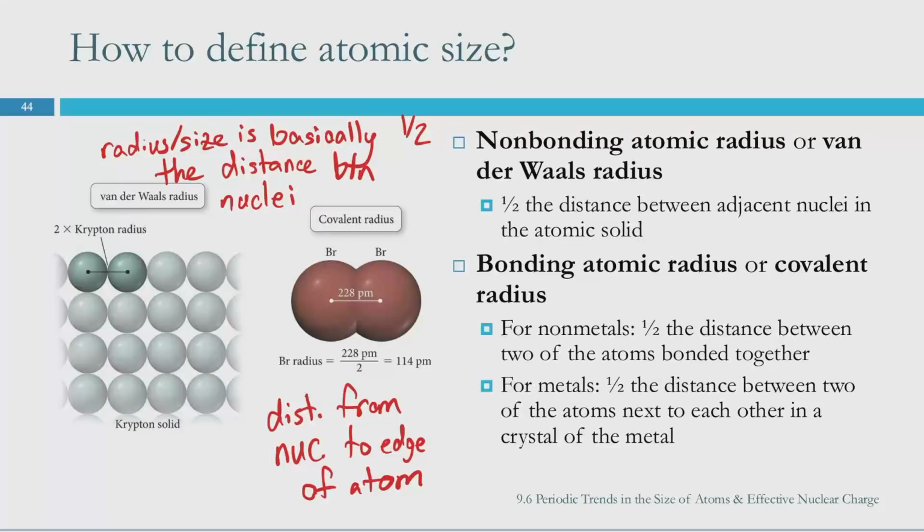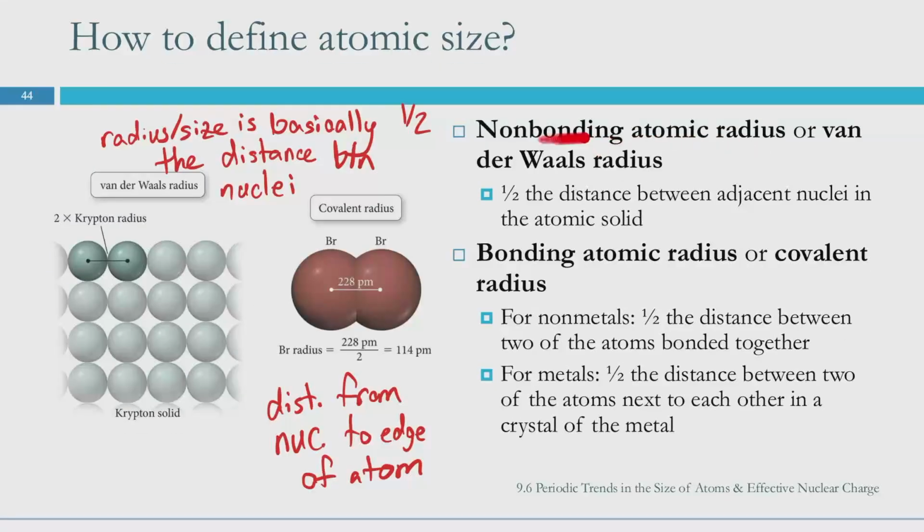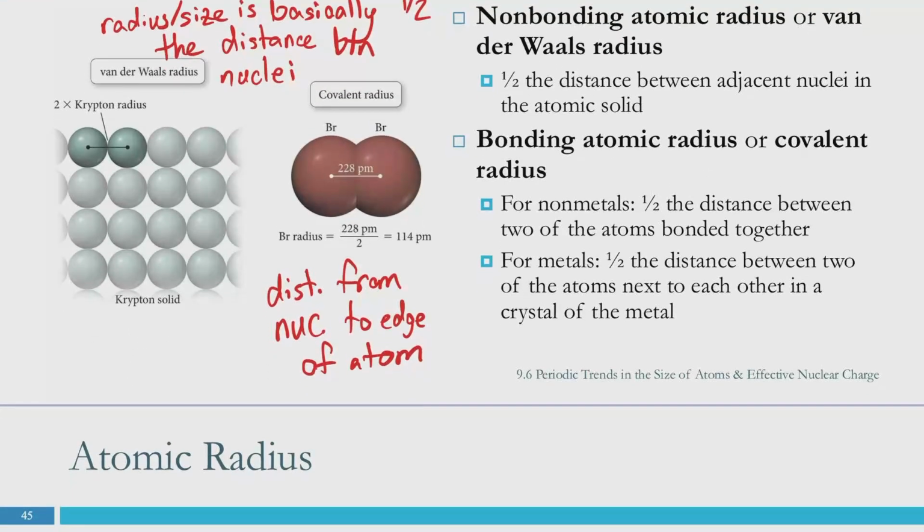They're slightly different from each other. The non-bonding atomic radius is going to be bigger because the atom is not overlapping with its neighbor. So this radius is going to be bigger than the bonding atomic radius or the covalent radius, because in these they're overlapping. So if you could take a van der Waals radius and a covalent radius, van der Waals should always be a little bit bigger.